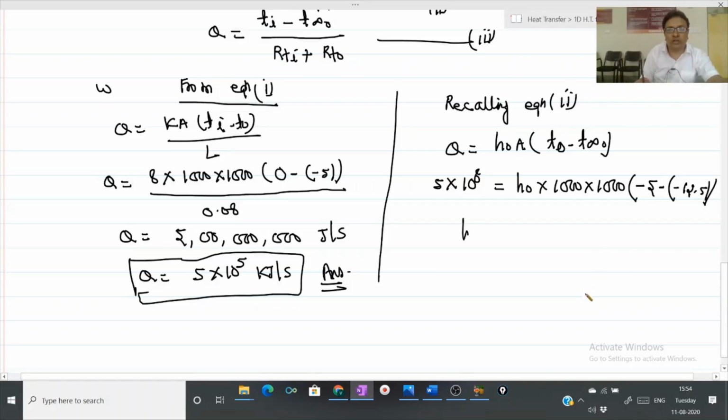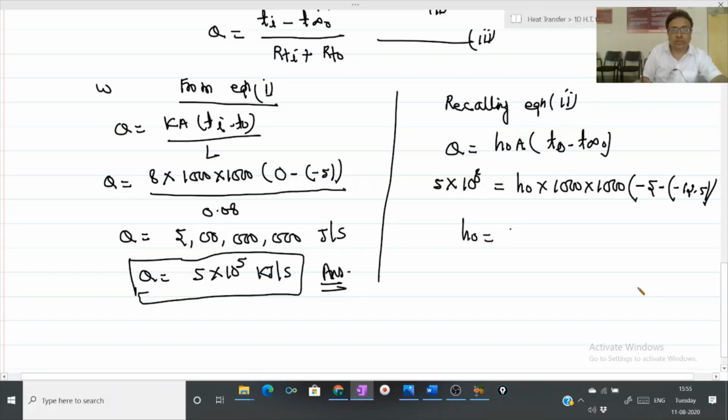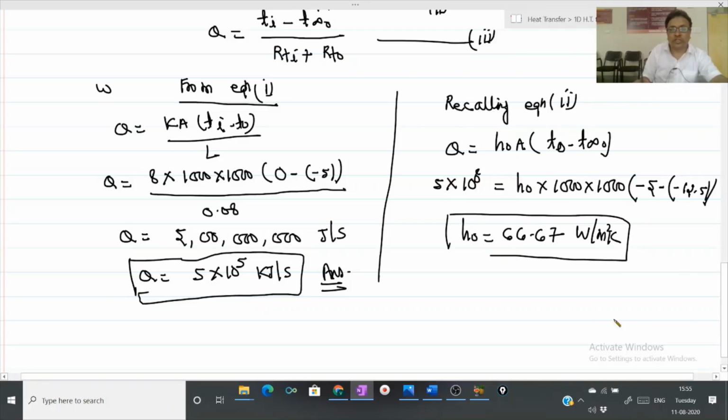From here the value of ho will come out. Let me calculate. 66.67 watt per meter square Kelvin. So this is answer number 1.